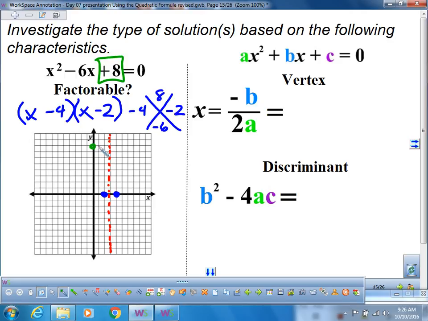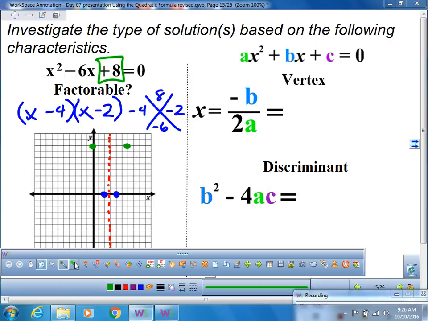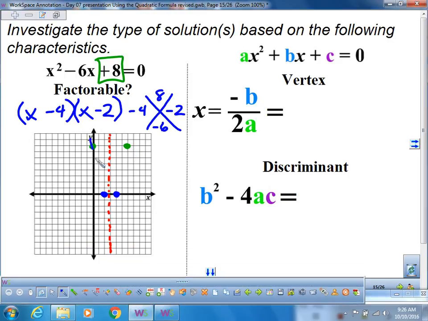And then since this is 1, 2, 3 away from the axis of symmetry, 1, 2, 3, I also know that there's a symmetrical point there. And here's my graph. So my whole point is to know that I can actually have a picture if it's factorable.